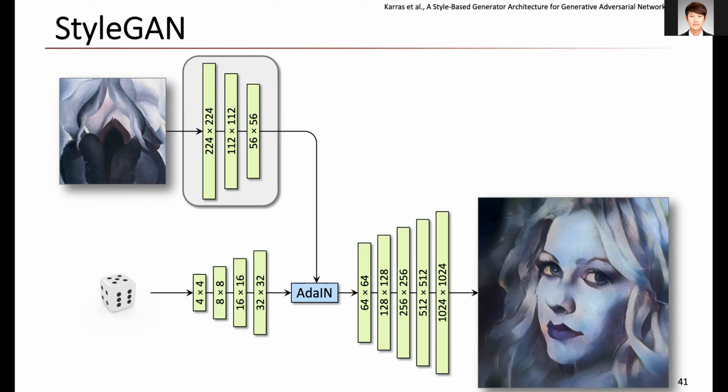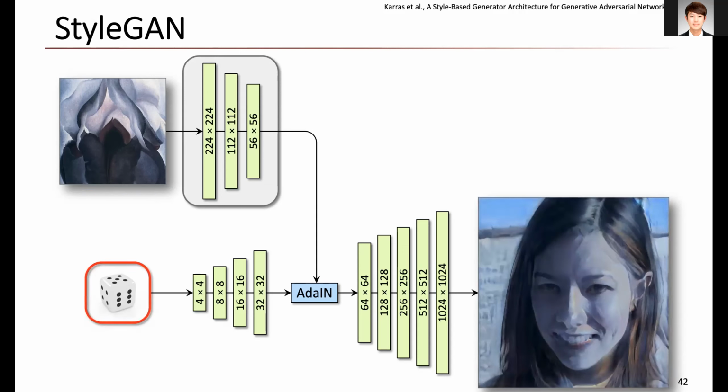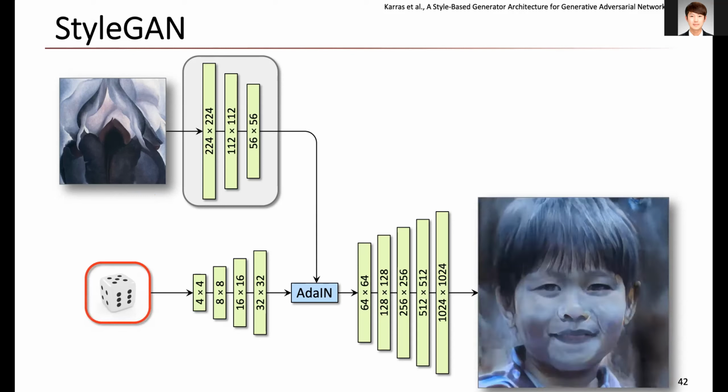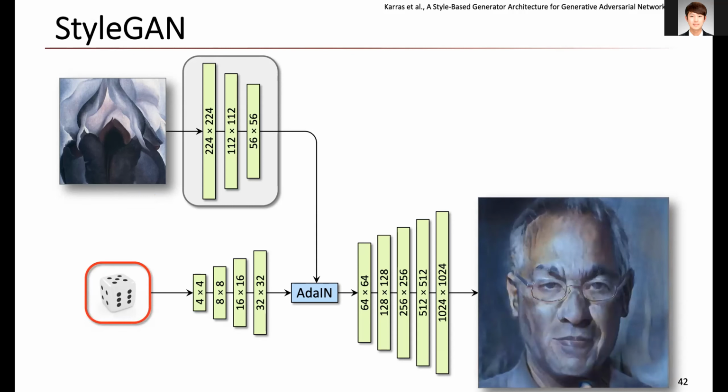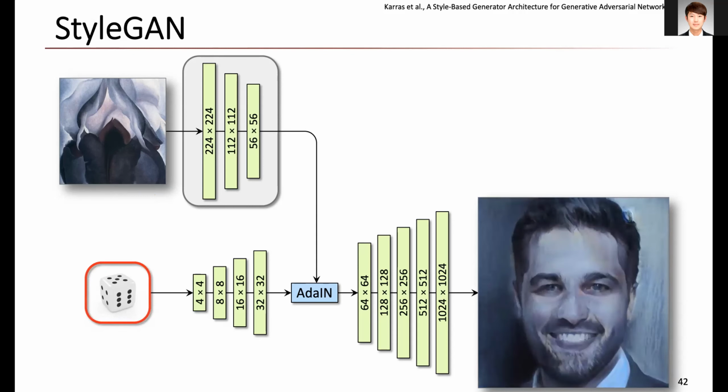So first of all, rather than using the original content images, they want to start from random noise, similar to an unconstrained GAN, and use the style images to generate the stylized image. It looks like this. So by randomly sampling the content vector, we can manipulate the content of images.